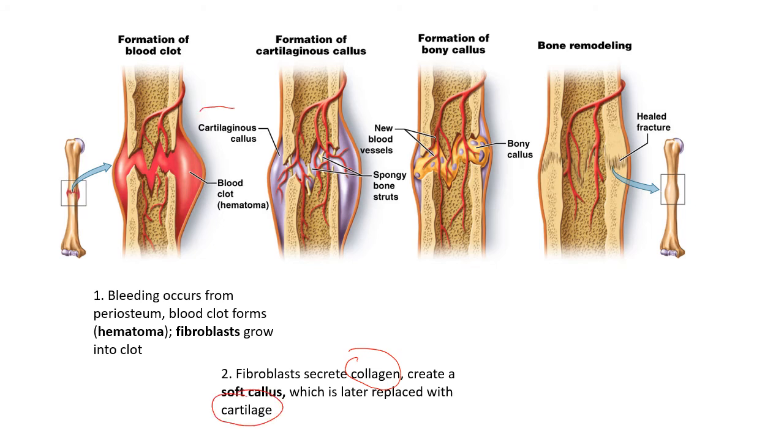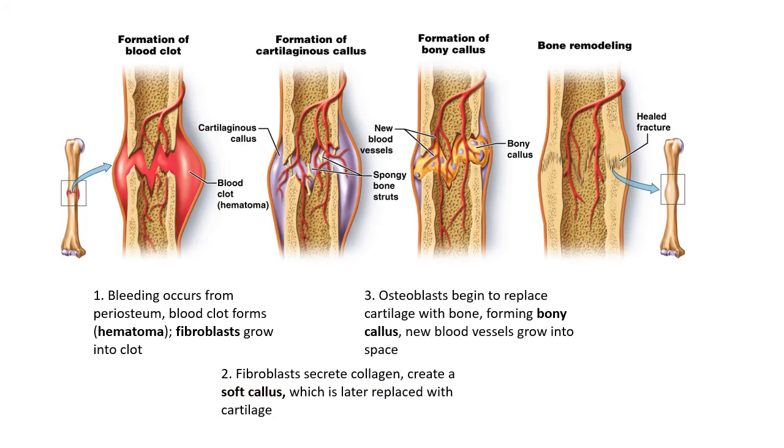So if you notice, the soft callus in this figure is called the cartilaginous callus, to show you that everywhere there was a blood clot, it's now been replaced with cartilage. And this callus is going to act just like it did in the embryonic skeleton as a framework for new bone to form to seal that break.